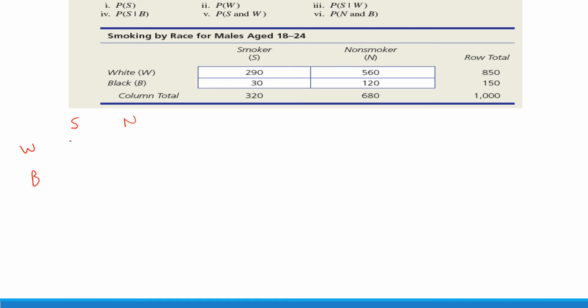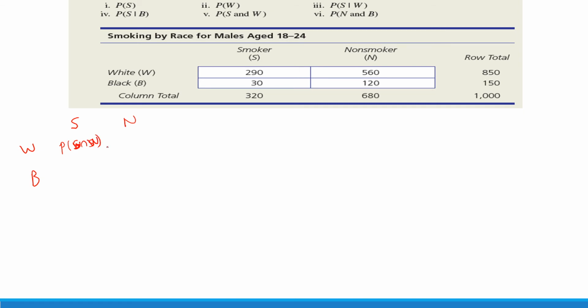So the first cell represents the probability he is a smoker and white.